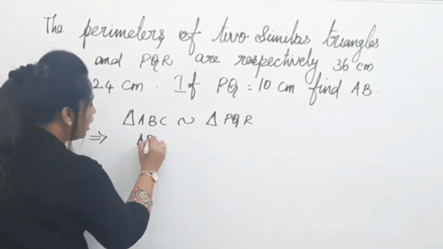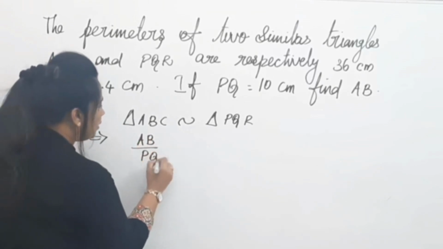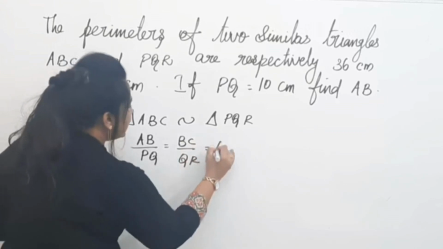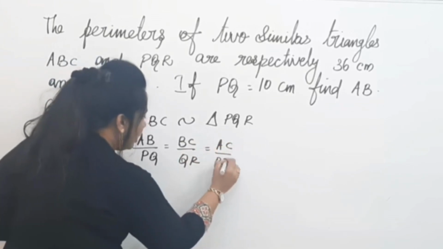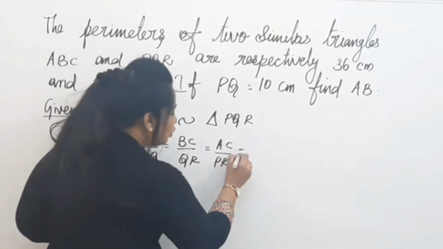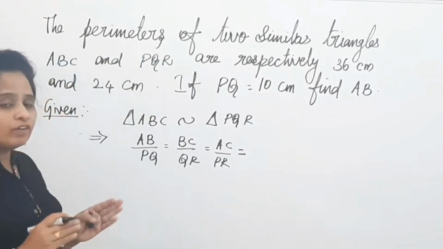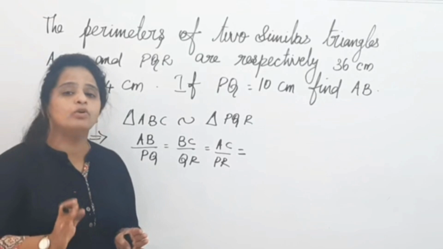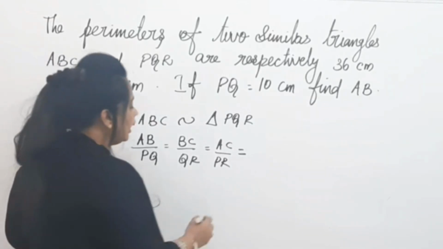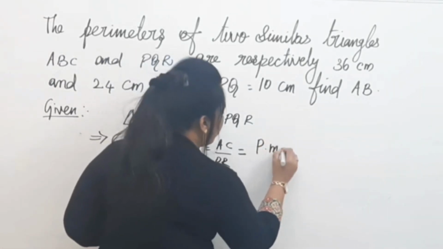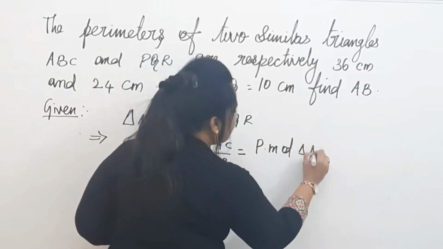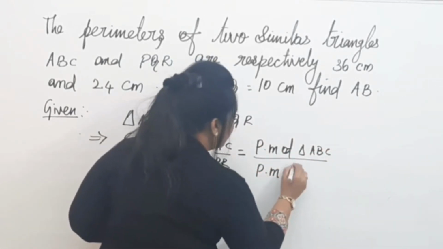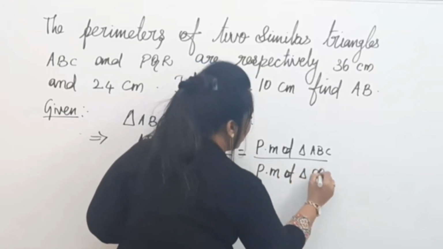So ratios are equal. So AB by PQ is equal to BC by QR is equal to AC by PR, and which would be equal to, only for similar triangles, the perimeters also would be proportional. So I can write perimeter of triangle ABC divided by perimeter of triangle PQR.